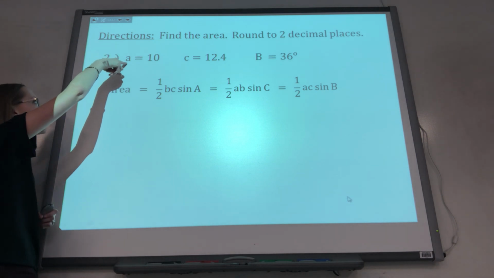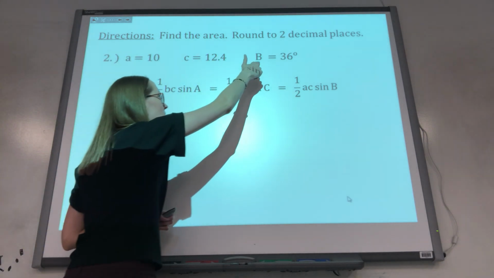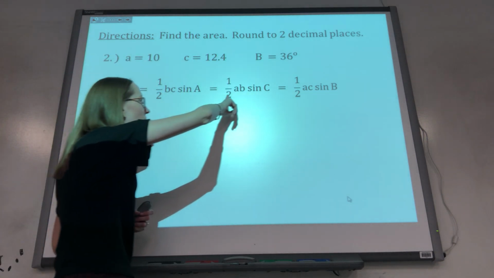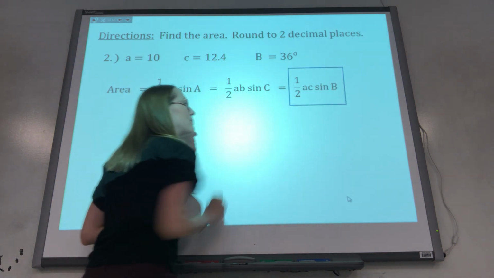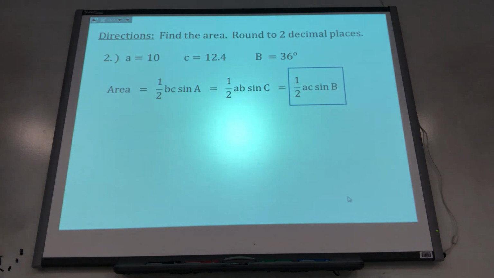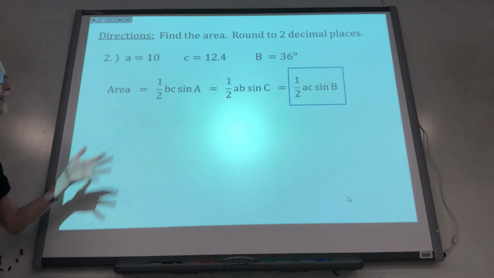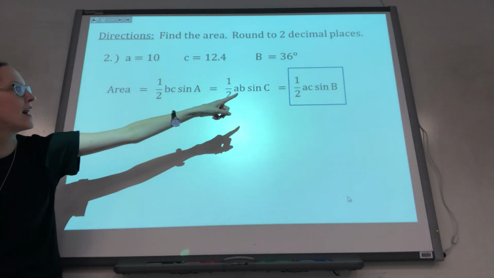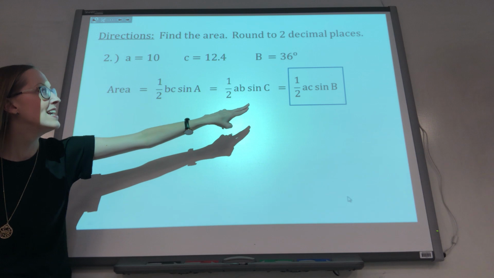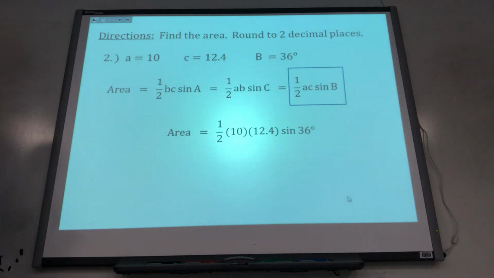I know little a, little c, big B. So, little a, little c, big B, that is the part of the formula that I want to use on this problem. Now, they're not all going to be this easy, but it turns out with example 2 that once you find which formula you want, it's really just a matter of typing stuff into your calculator.